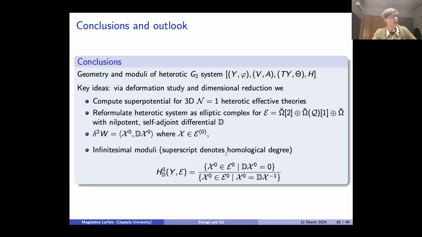As a tool to getting to that, the superpotential for this three-dimensional theory seems to be very good to use.